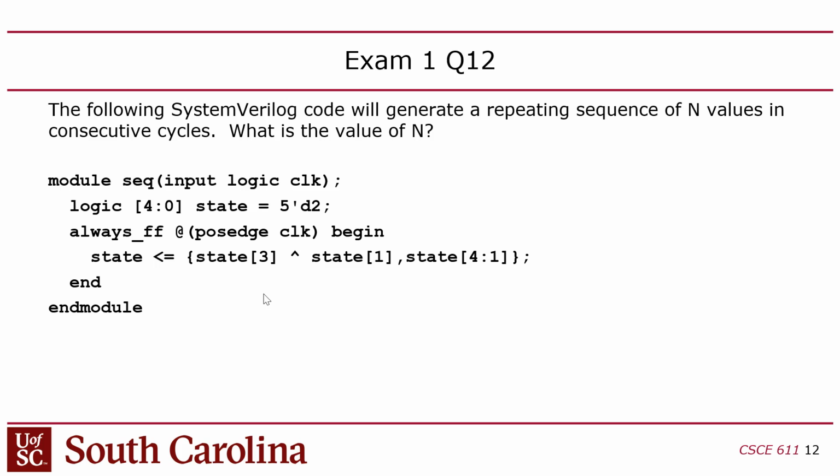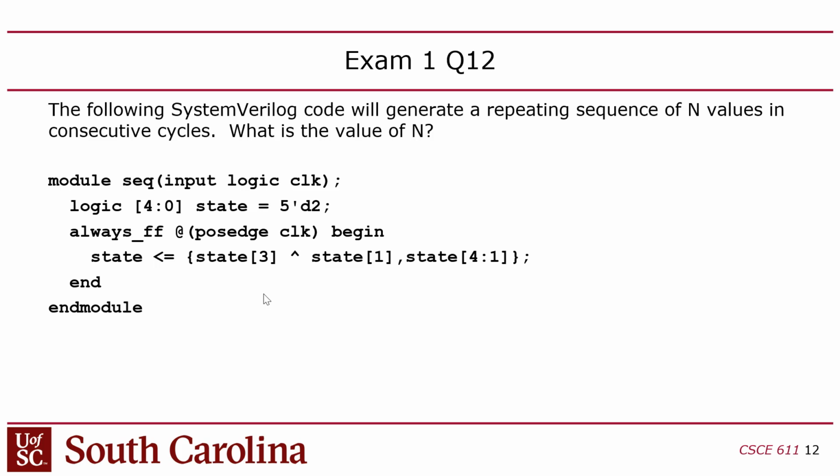Is it repeating yet? No. 1 XOR 1 is 0, 0, 1, 0, 1. Then we have 0, 0, 0, 1, 0. Okay, it looks like we have our first duplicate there, right?